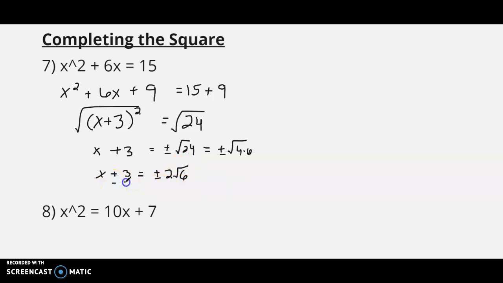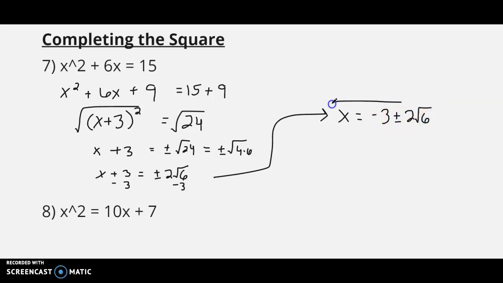I need to take away 3 from both sides. All right, so I'm going to write the final answer like this. x is equal to minus 3 plus or minus 2 square root of 6. All right, and that's an example of how to solve by completing the square.